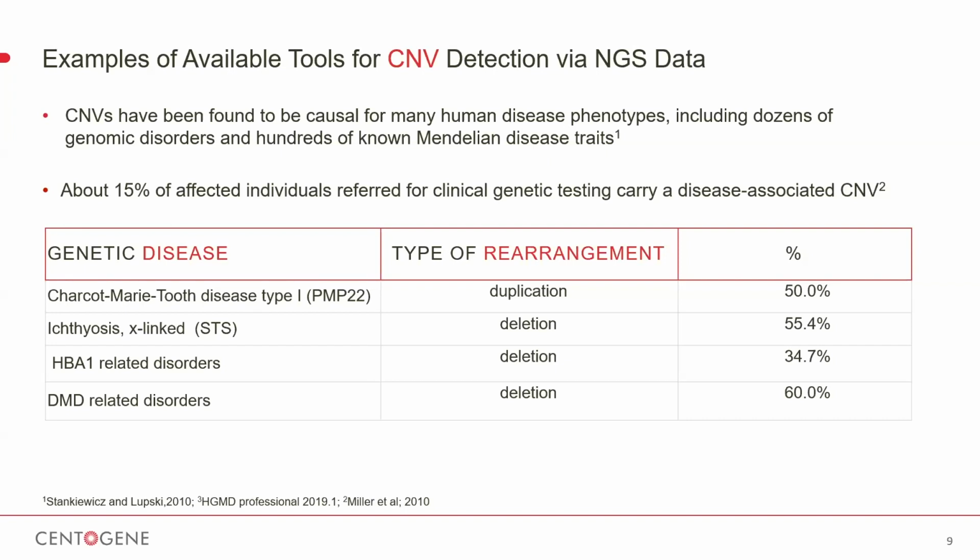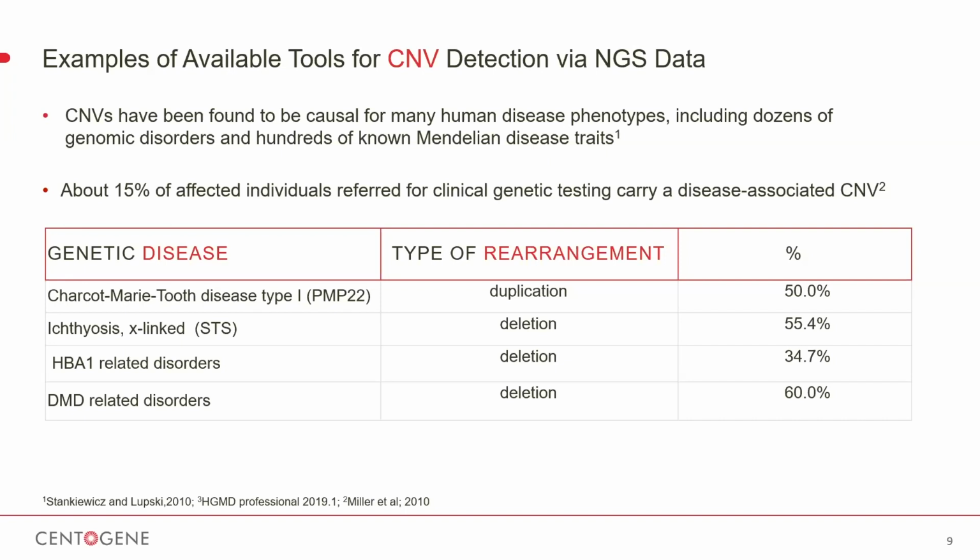You can imagine, 15% is a large number of patients that can be missed if we are not selecting the appropriate methodology for testing. This requires that copy number variants be put in consideration in every test, as they can be the causative mutations if we are suspecting a genetic disorder.